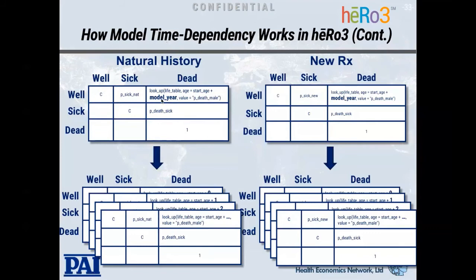And just like that, we've created multiple transition matrices, one for each cycle, in a way that makes the transition probabilities depend appropriately on model time. So any quick questions about model time dependency here, or the tables page, or using the lookup function?